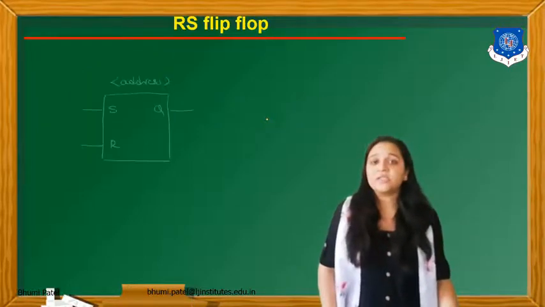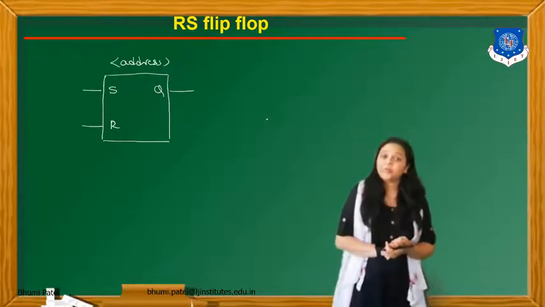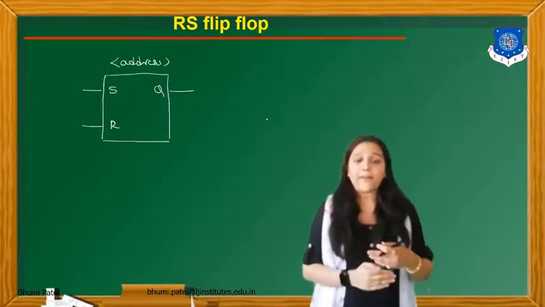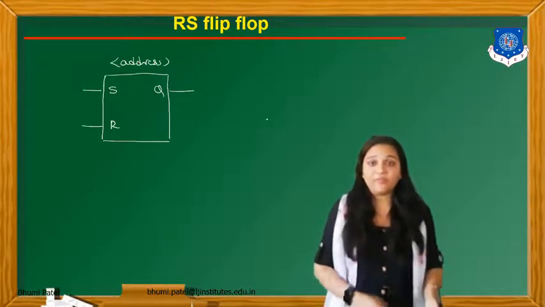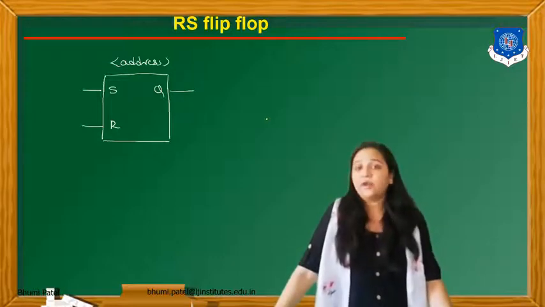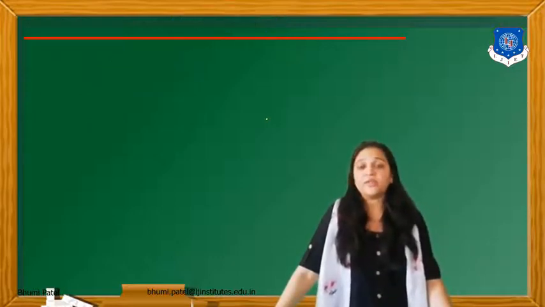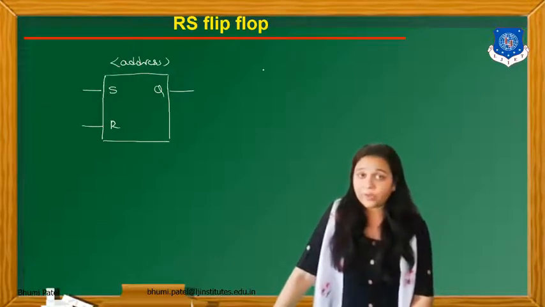Now next one is the RS flip flop. As you know, what is the full form of the RS flip flop, or what is the application of the RS flip flop? It is the reset set flip flop. So this is the symbol of the RS flip flop. Now what is the function of the RS flip flop? As you know, what is the truth table of the RS flip flop?